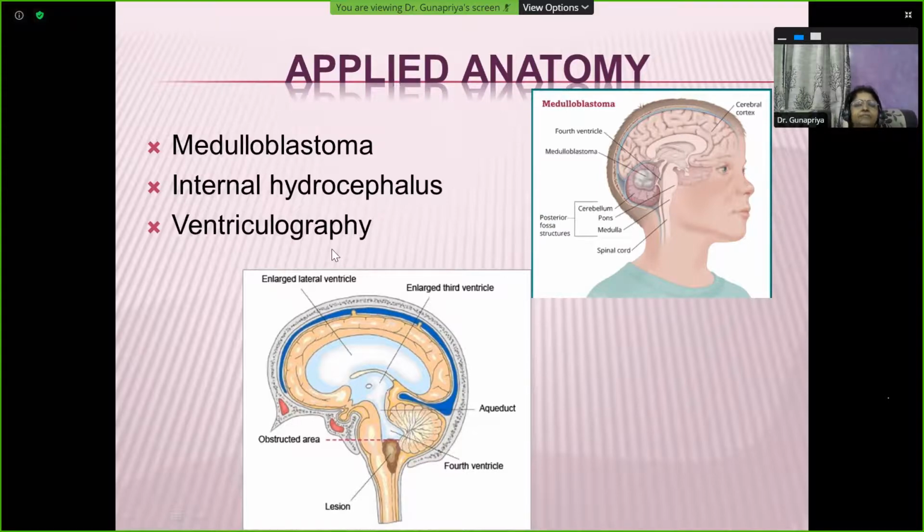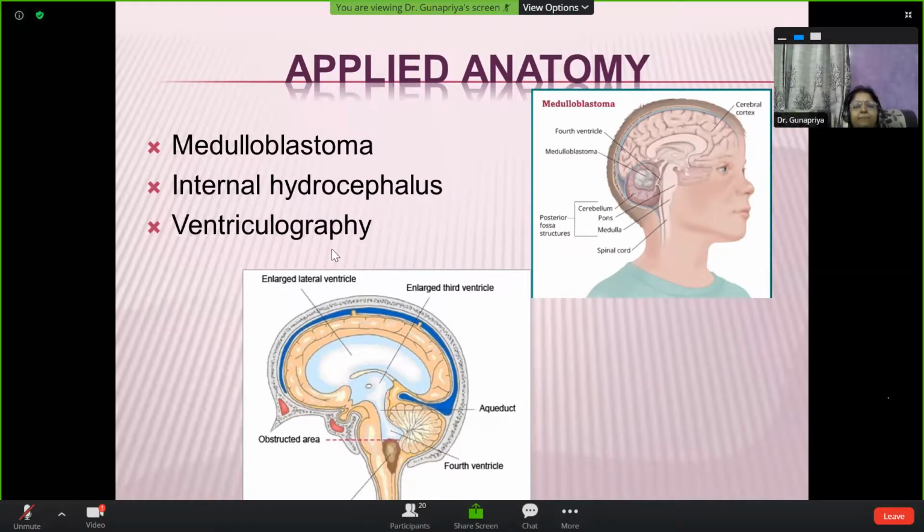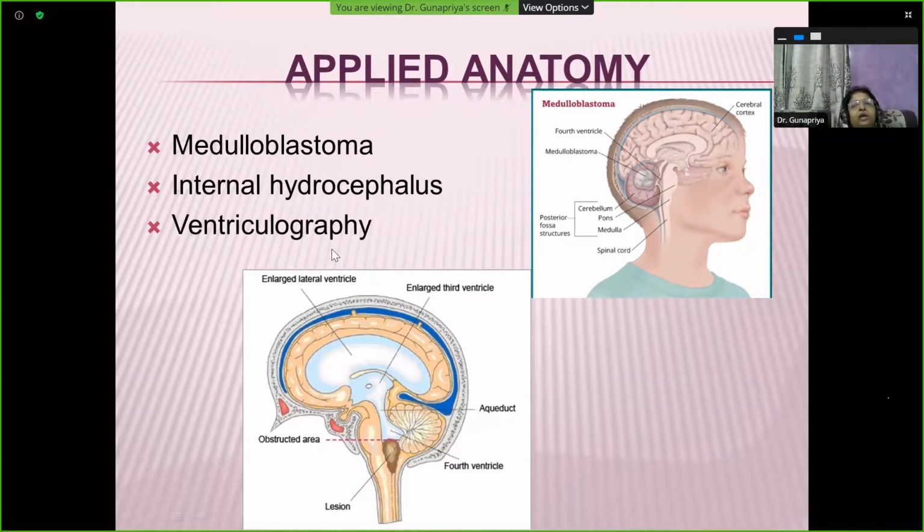Nowadays, the ventriculography procedure is not really warranted, because you can find out everything in MRI and CT. MRI gives very good images of brain pathology. MRI is very good for nervous tissue. So if you do an MRI, you can make out the enlargement of the ventricular cavities of the brain. But this was a procedure done earlier using a dye, an iodine-based dye or radio-opaque dye, which can go into the ventricle and show the expansions or enlargements of the ventricular cavity.